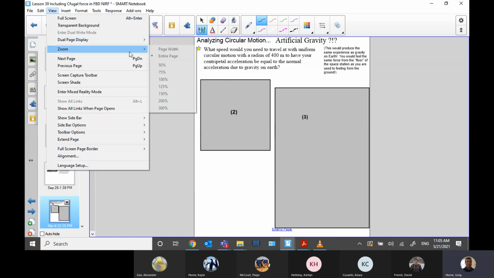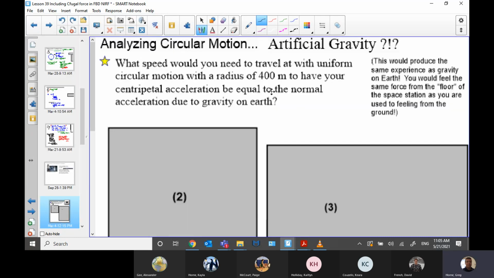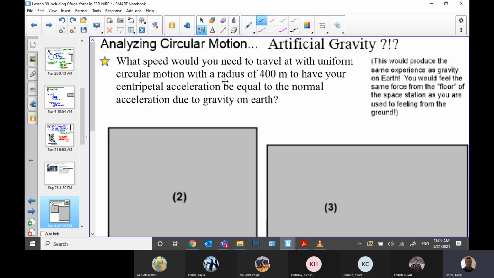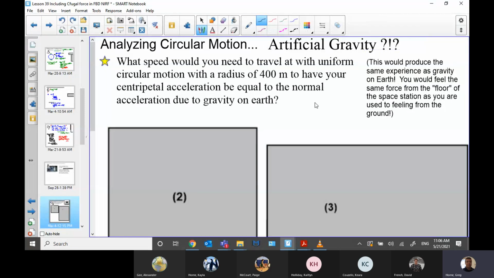View full screen, peak width. So blurry for some reason. Okay, so what speed would we need to be traveling at with uniform circular motion if we had a radius of 400 meters? So if we tried to actually build an artificial gravity space station, what values would we have to have? I don't know why they're all blurry on us. There we go. So you have a 400 meter radius, and we want to have the same acceleration due to gravity as on Earth.